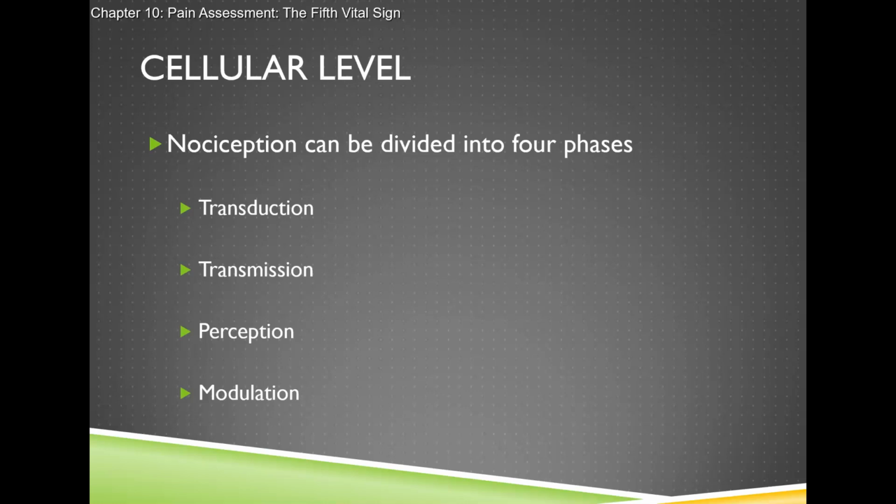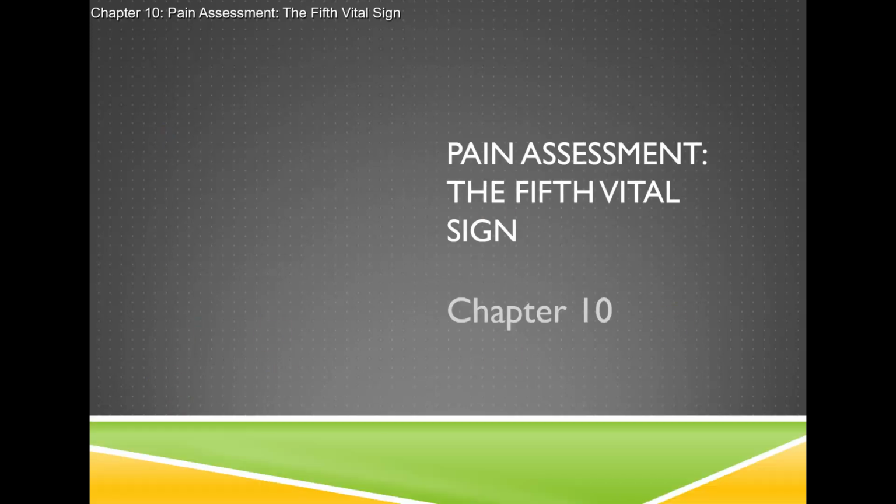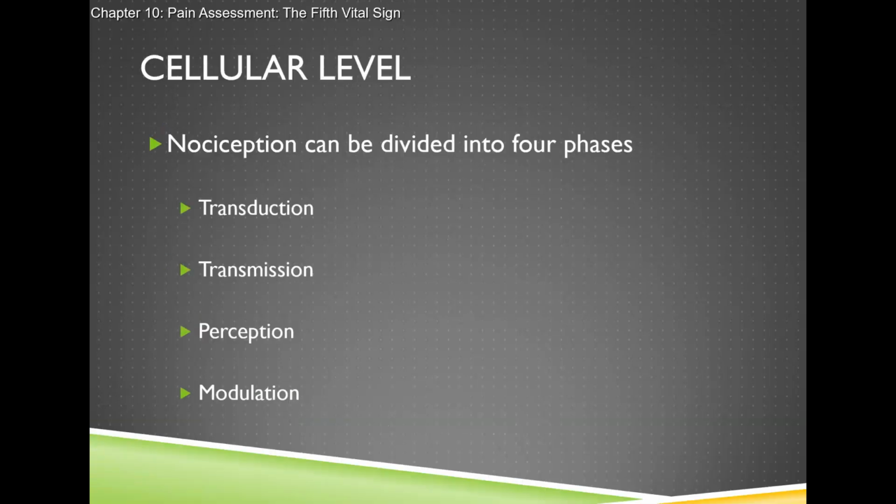So you need to know this sense of pain. You need to know that, which is nociception, the four phases. You also need to remember once again that this is a type of pain that's from an intact nerve.